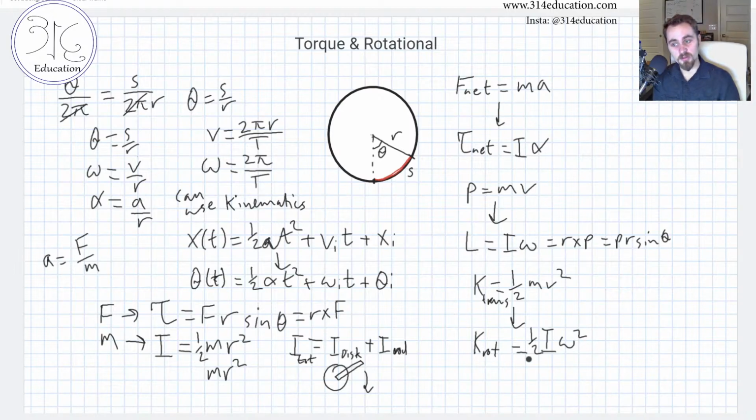Now, it's worth noting that if we have an object that is rolling without slipping, which means as it rolls, it moves in a linear direction, it can have both kinetic energies. We have to add them together. That means K total is equal to the translational piece plus the rotational piece. And that's more or less all the stuff we have for torque and rotational.